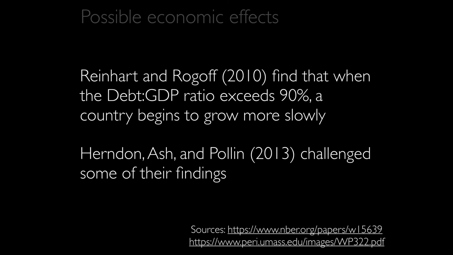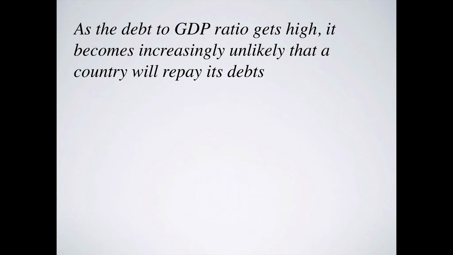We don't know the answer to that exactly, but debt always has to be repaid, right? So what we know is as the debt to GDP ratio gets high, it becomes increasingly unlikely that a country will actually repay its debts, and one of three things has got to happen. These are the possible outcomes.